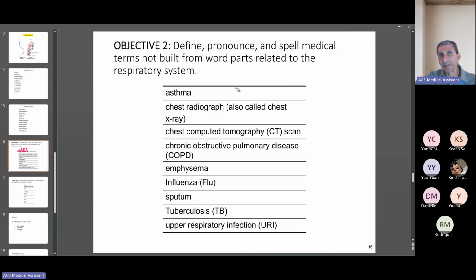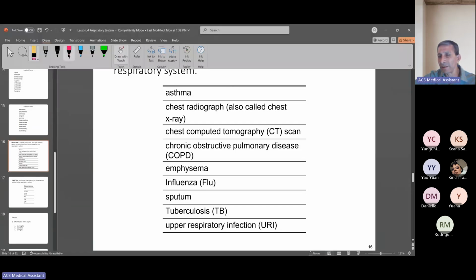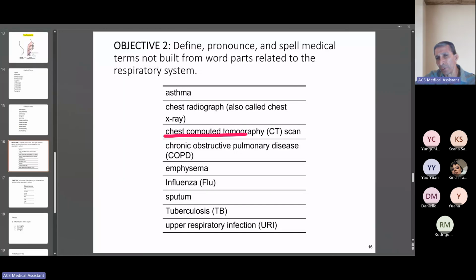So most of these procedures, we don't divide them. An MRI, we don't start dividing and pronouncing the parts. No, it doesn't work that way. Here we have another one, chest computer tomography. This is what we call CAT scan. We always hear about CAT scan, but we don't say, okay, what is the suffix of chest? What is the suffix of computer?